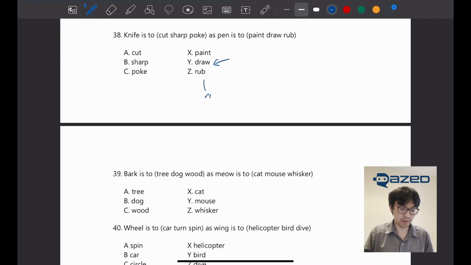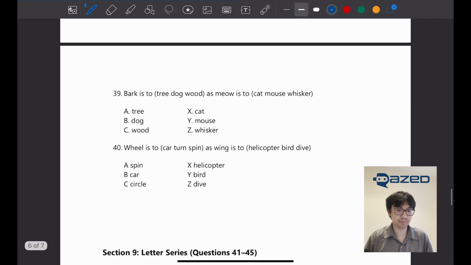Rub is more for rubbers, so it doesn't really work here. And paint, obviously, you can't really paint with a pen. So that's the action. Now let's see for knife, what's the most appropriate one. Sharp is a descriptor, not an action word. And cut is what you often do. You can poke with a knife, but we're going for the strongest relationship.